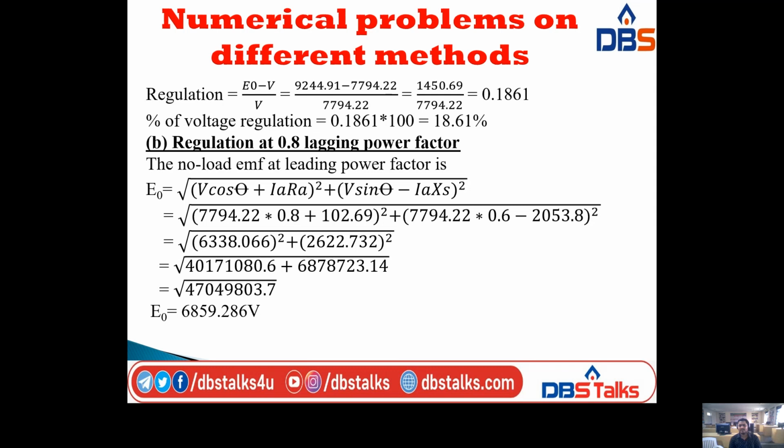After simplifying this, we have 0.1861 as the regulation, and we multiply the answer by 100 to convert it into percentage voltage regulation. So finally we have 18.61% as the voltage regulation at 0.8 power factor lagging.